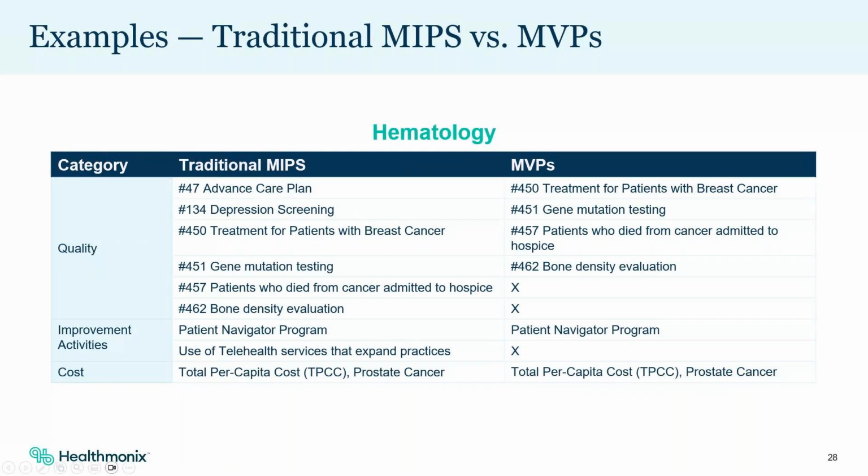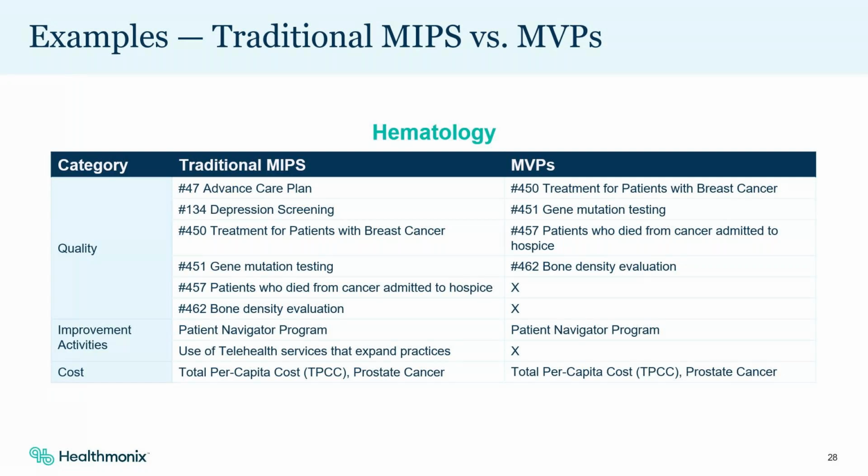But when we consider practices or eligible clinician groups who may have multiple specialties, if they're doing traditional MIPS, they can be exposed to or eligible for additional cost measures that may not align directly with their care or with the focus of many of their providers. As long as they are having enough eligible cases or episodes, they can get attributed those costs and then be required to manage those costs and be scored on those costs, even if they're not really the focus of the practice.